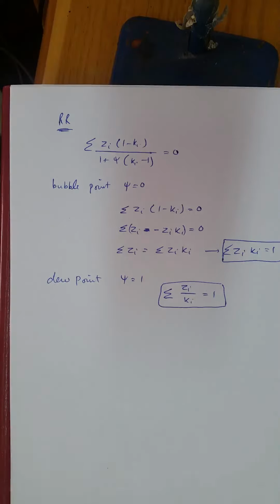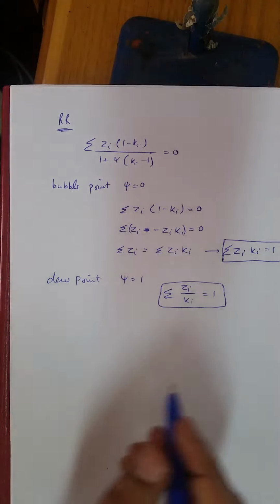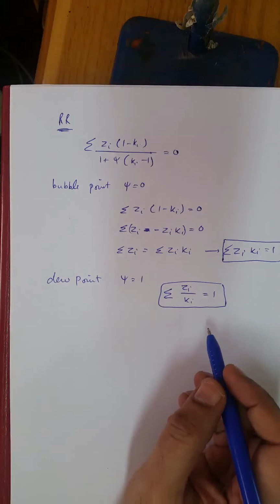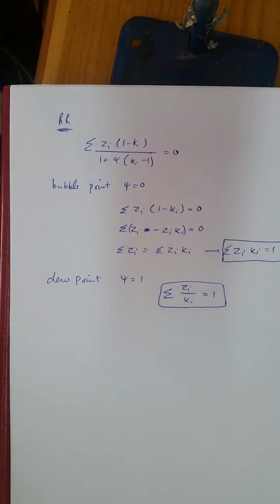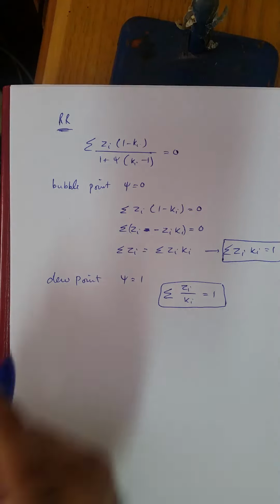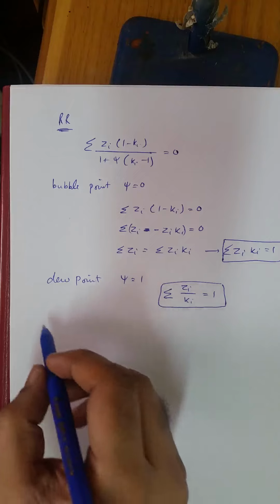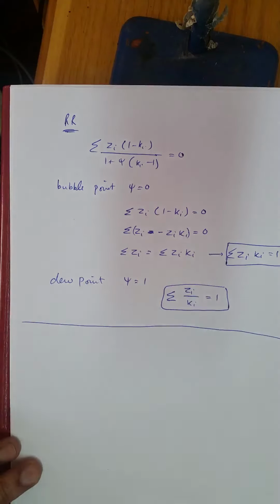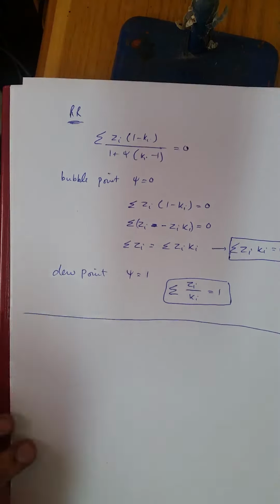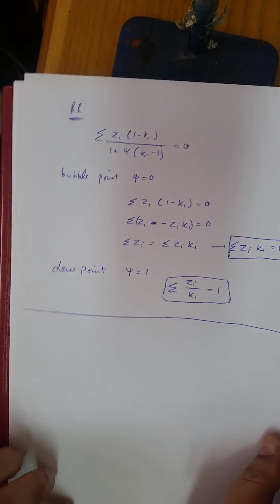Ki you can find either by chart, figure 2.4, 2.5, or you can use Raoult's law, P1 sat over P, or modified Raoult's law, gamma 1 P1 sat over P. Whatever you like. I forgot this when I was talking about Rachford-Rice, so I can write it over here. Okay, we are already familiar with this diagram.